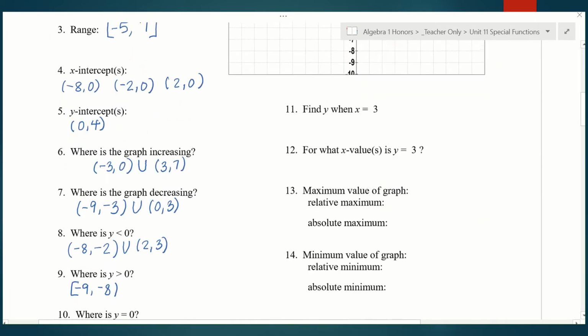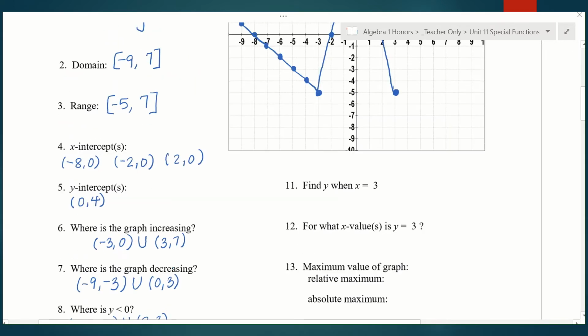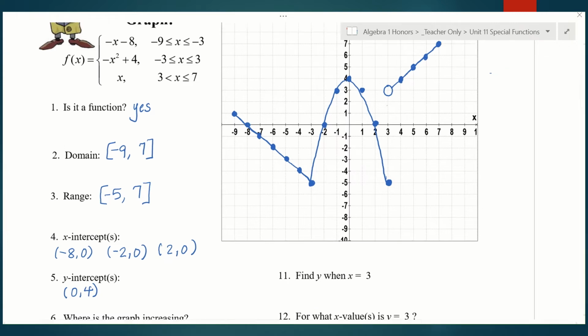Okay, so I'm going to include from -2 to +2. Now, why am I not using any brackets there? It's because at -2, y is 0, and at +2, y is 0. So I can't include either one of those because it has to be greater than 0.